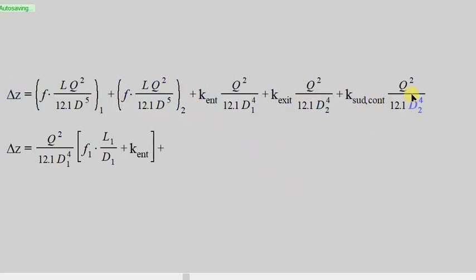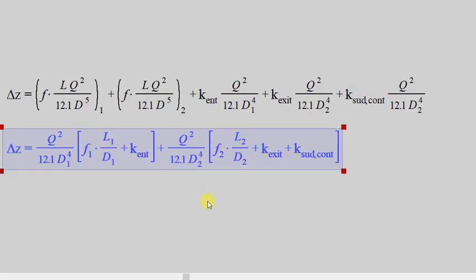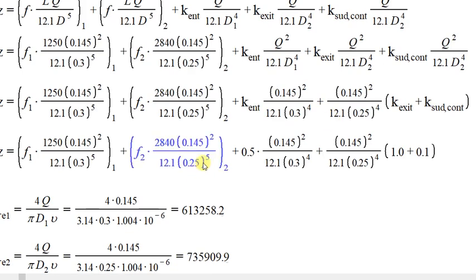Then the next one, which is the D2, yes, multiplied by F2 times L2 over D2 plus K exit plus K sudden contraction. So this one is simpler and easier to solve. Okay, this is what I want from you. Always it's better.